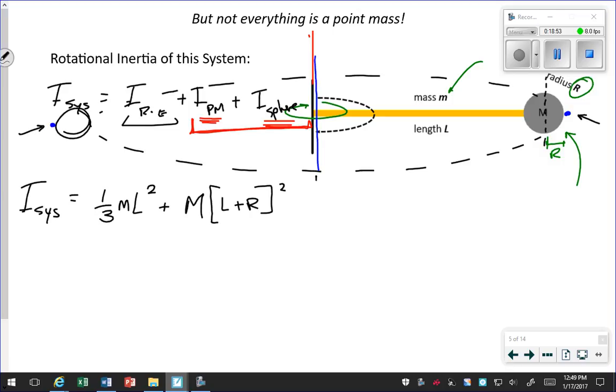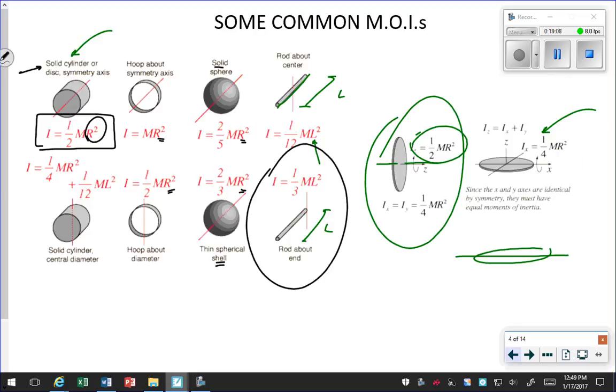Here's L from here to here, and then here's R from here to there, the radius of the actual sphere. And then we say that the sphere rotates about some axis, and a solid sphere about some axis has a moment of inertia 2/5 mr squared.